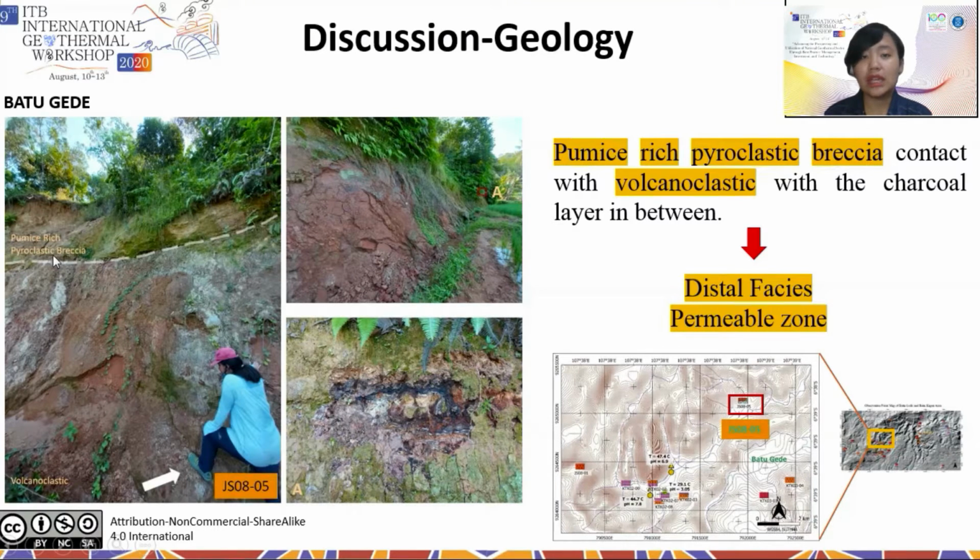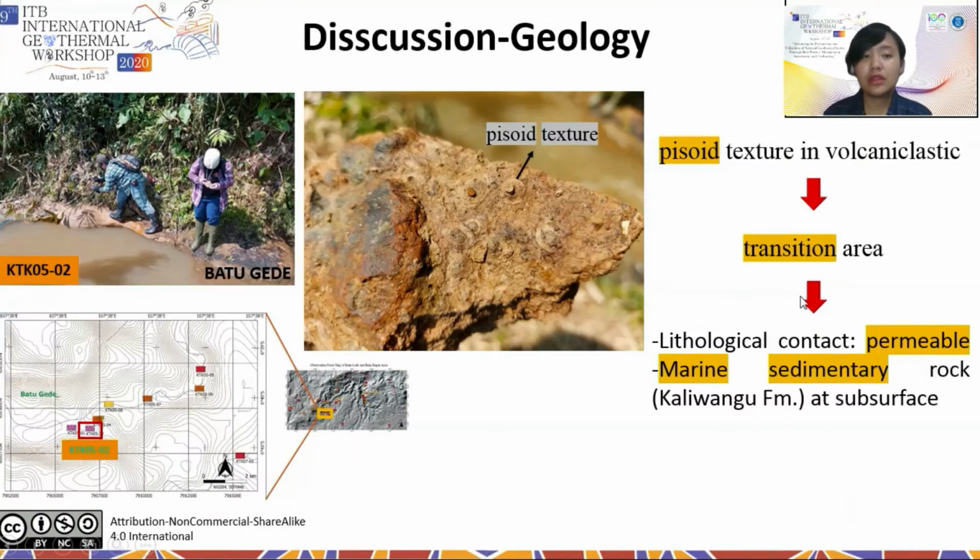Pumice-rich breccia contact with volcanic clastic was observed near Batu Kapur, where volcanic clastic is exposed in the lower part. There is a charcoal layer between the contact. This contact can be assumed as a permeable zone. The occurrence of volcanic clastic is an indication that this area is part of a distal facies.